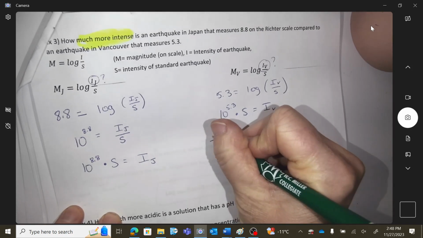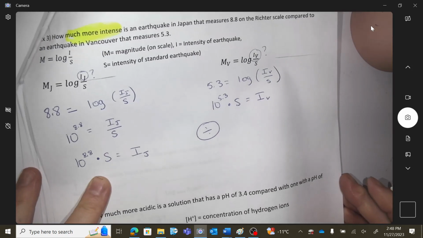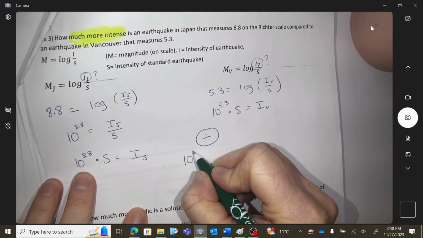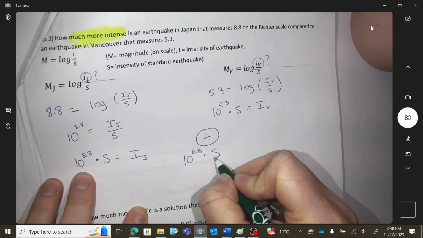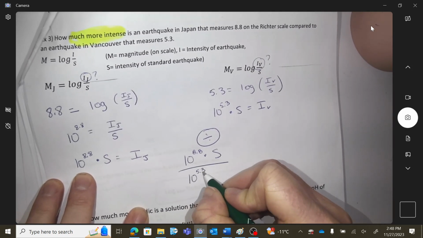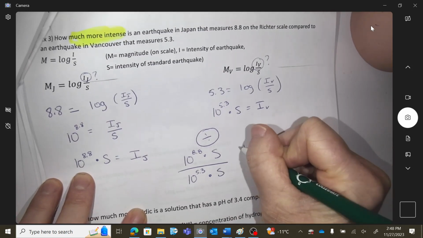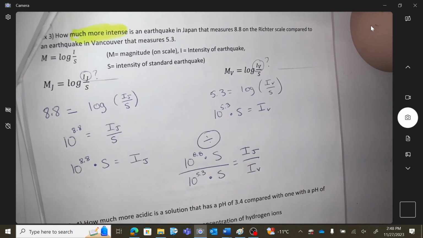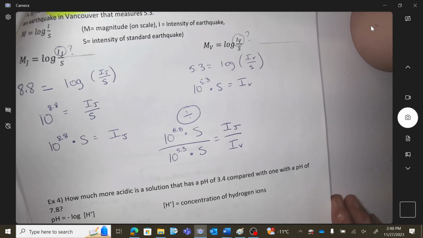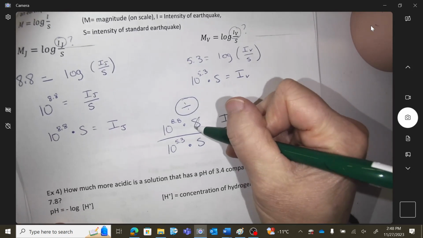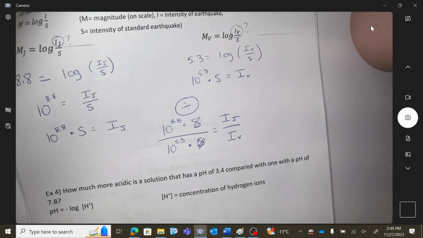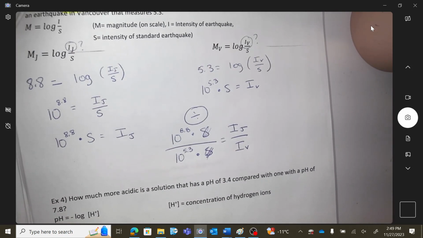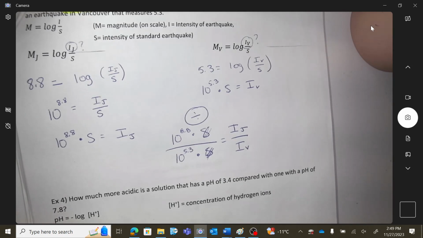You would divide. Okay, the standard is in both of them. We're comparing to the standard. That's canceled. So give me your answer from your calculator now.